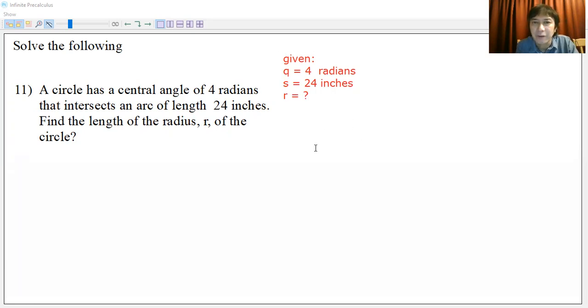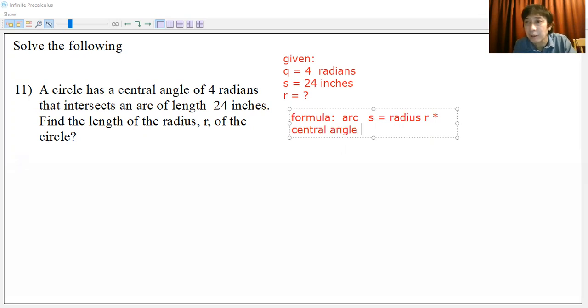The formula here is that the arc S is equal to radius R times the central angle theta.